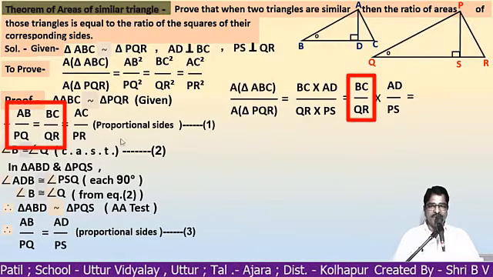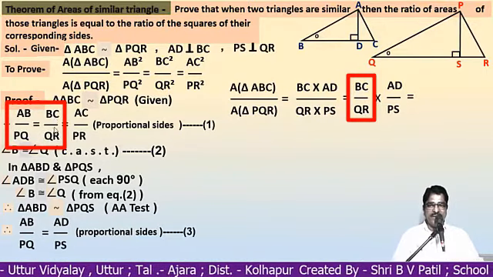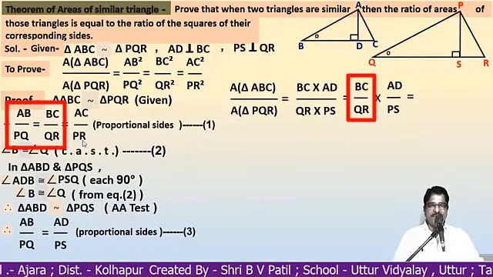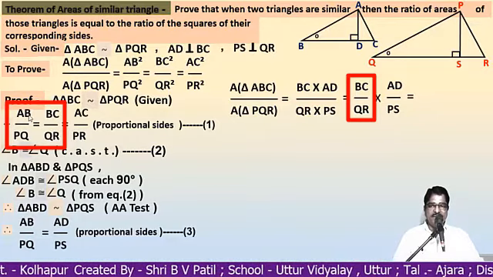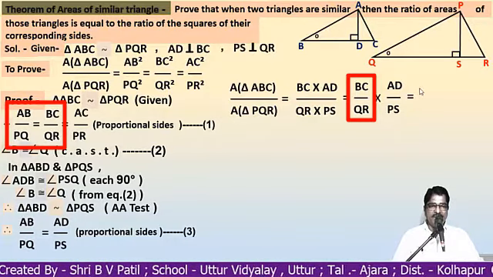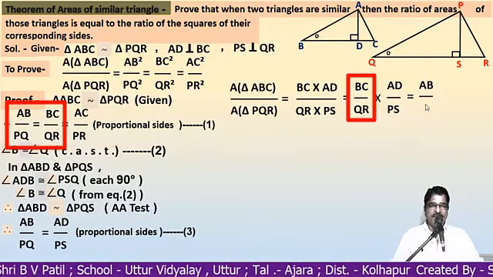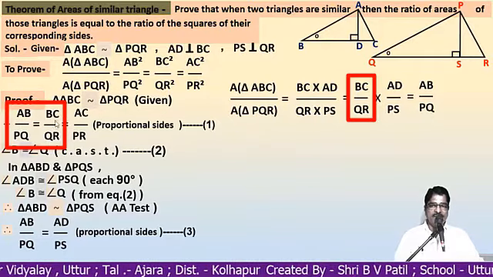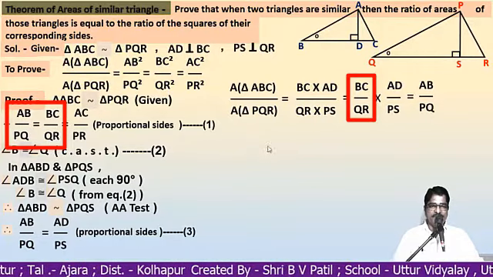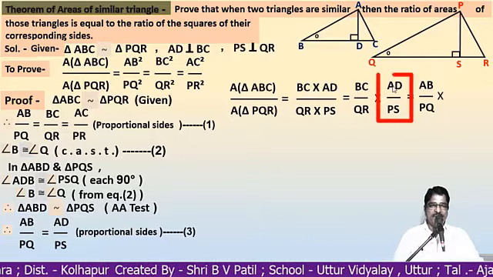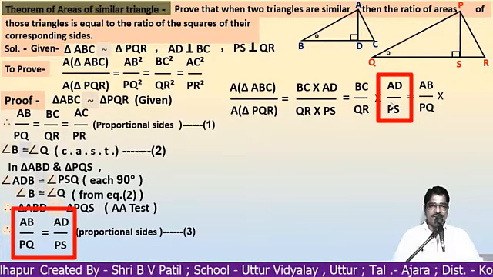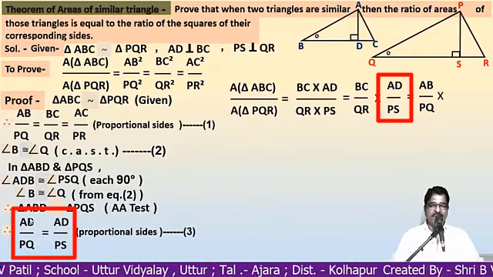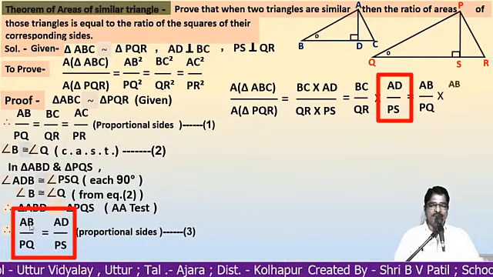that is from equation 1, BC upon QR, its value we write AB upon PQ, otherwise AC upon PR. Here AB upon PQ we consider, that is the value of BC upon QR, and from equation 1 into the value of AD upon PS, that is from equation 3 the value of AD upon PS is AB upon PQ.